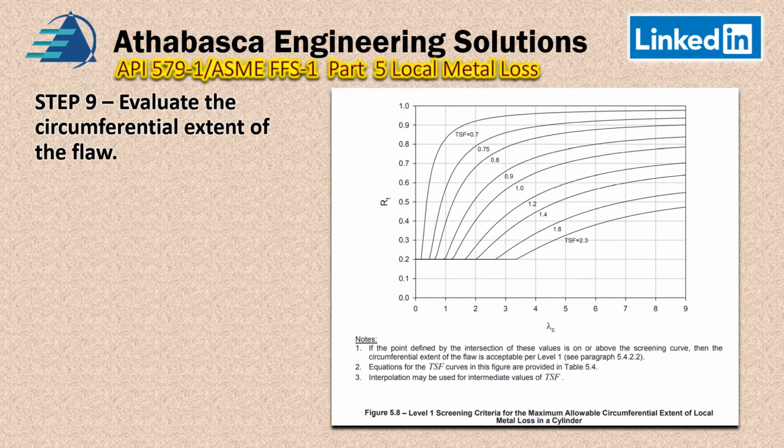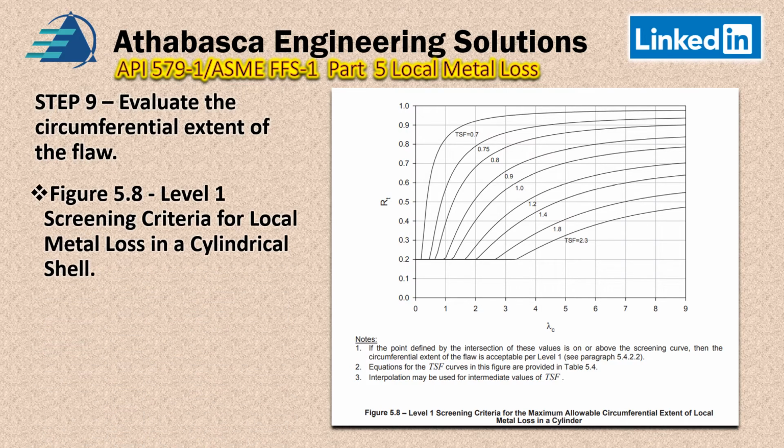So let's look at the second chart. Recall we did one for the longitudinal extent. Now we're doing one for the circumferential extent of the flaw. And so we need to match our geometry. Figure 5.8 is the one that would work for a Level 1 assessment for a cylindrical shell. Some of the data that we need for this is lambda C, which is basically 0.2 for this graph from step 9.